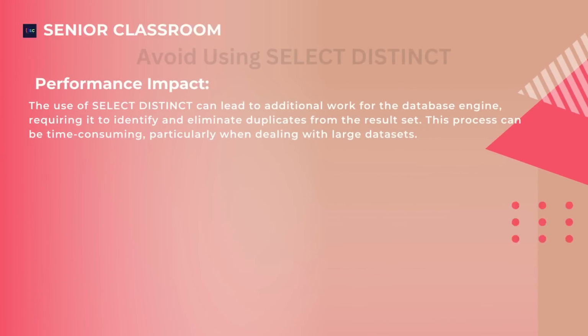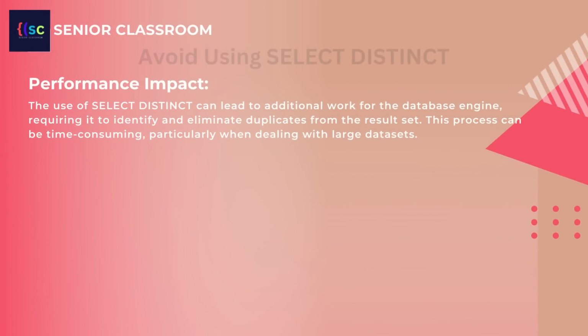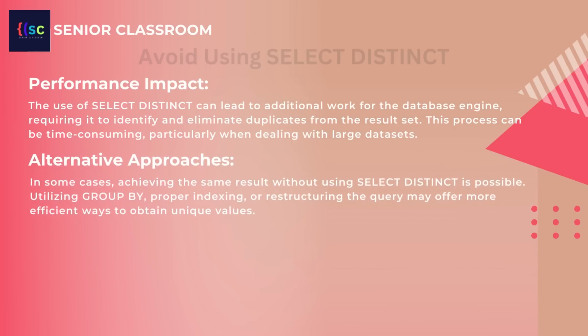Key considerations are performance impact. The use of select distinct can lead to additional work for the database engine, requiring it to identify and eliminate duplicates from the result set. This process can be time-consuming, particularly when dealing with large datasets. Alternative approaches.